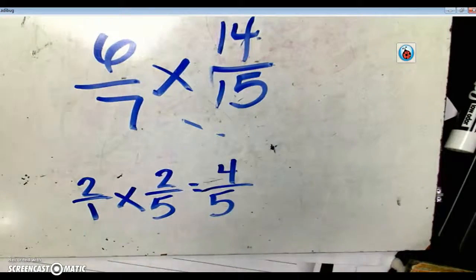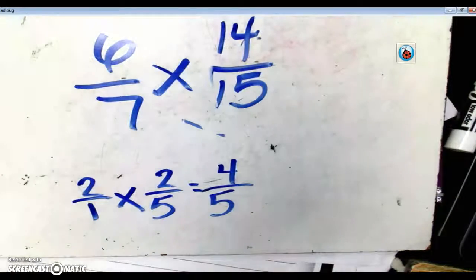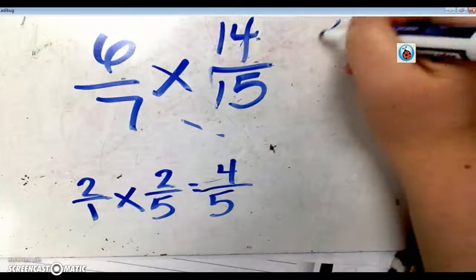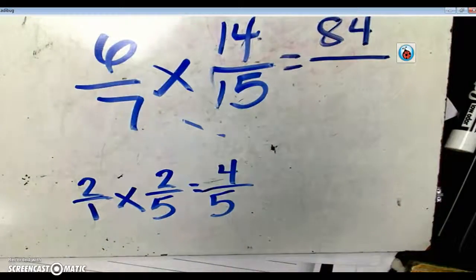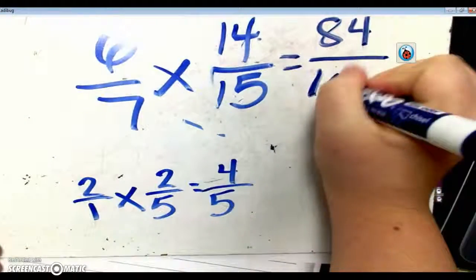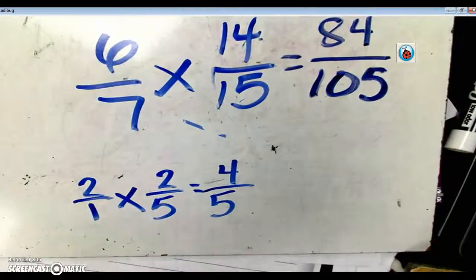Okay, 6 times 14. Anybody got it? What's 6 times 14? 84. His math is correct. 7 times 15. 15, 30, 45, 60, 75, 90, 105. He's correct too.